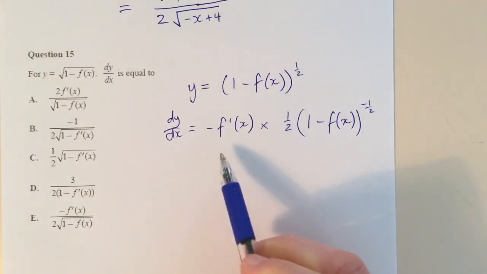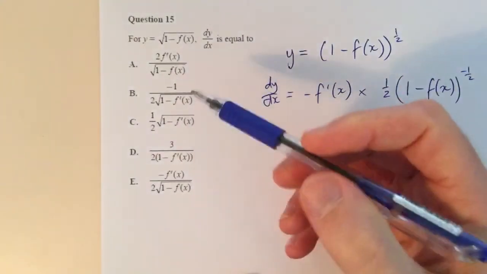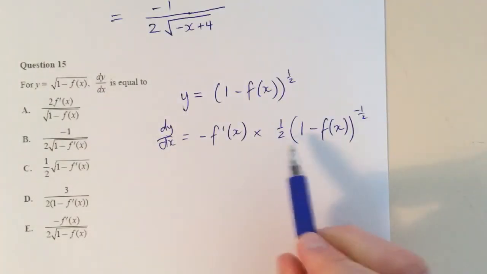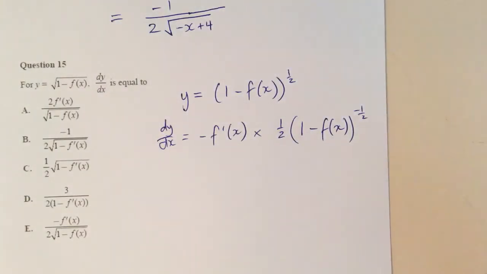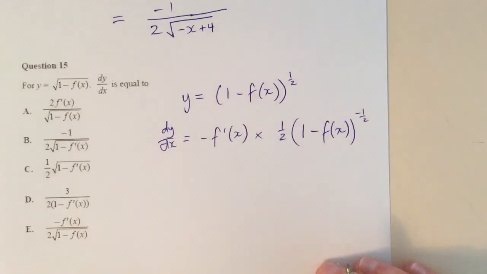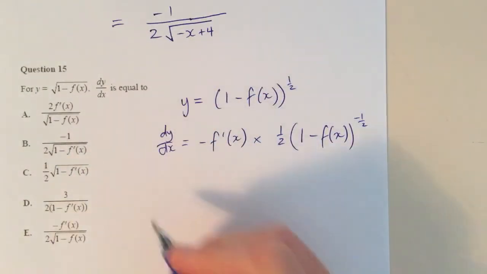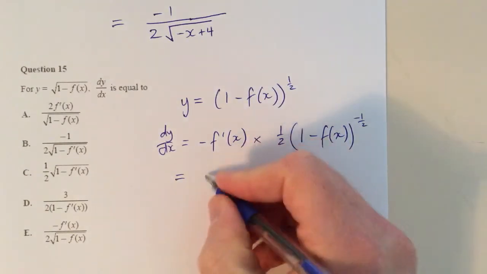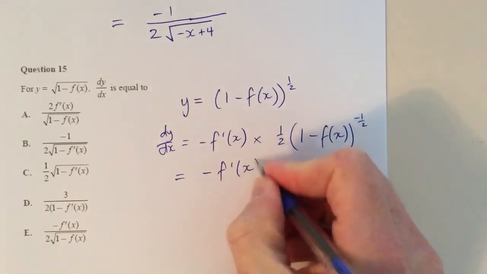Okay, so let's see. All of the options are written with square roots and or fractions. So let's try to get our answer to look somewhat like that form, and we'll hopefully be able to see which option corresponds to ours. So we have negative f dash of x, let's keep that on top.